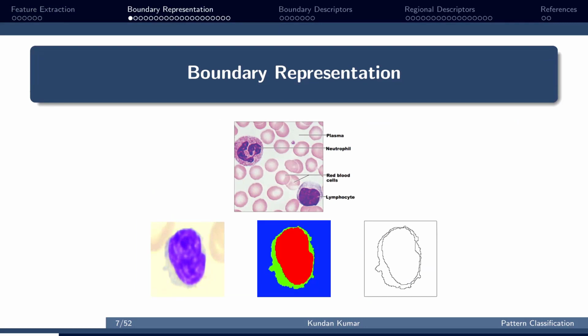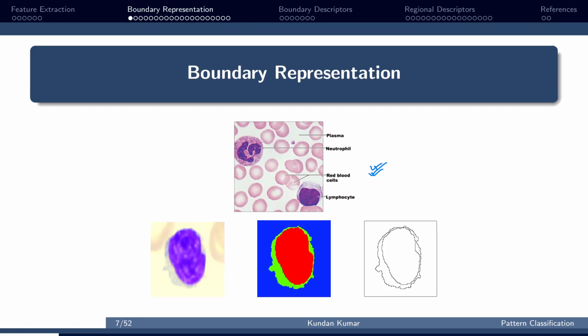So let us talk about boundary representation. Suppose we have an image, say a blood smear image, where we have red blood cells, lymphocytes, plasma, so different components of the blood, captured in the image.